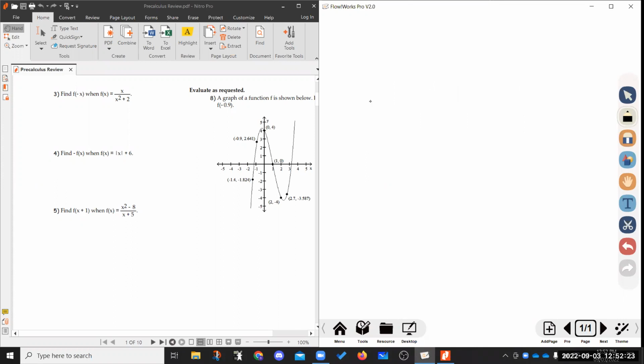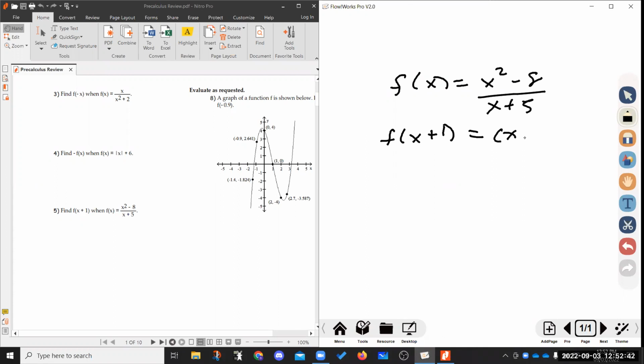Now we're going to stick in an expression in the place of x when f of x is equal to x squared minus 8 over x plus 5. We're going to stick in x plus 1, which is going to be a transformation of this function. That's going to be shifting the function 1 to the left. So (x plus 1) squared minus 8 over (x plus 1) plus 5.